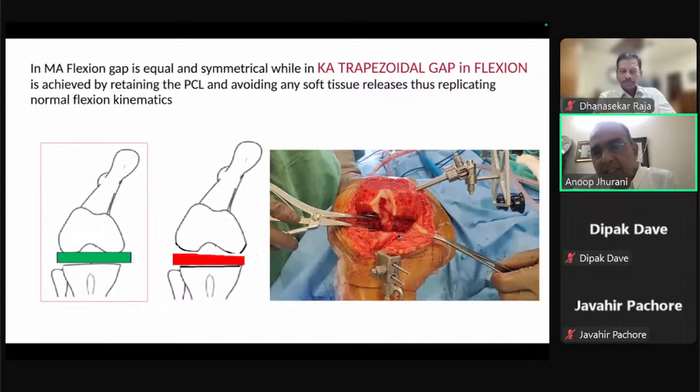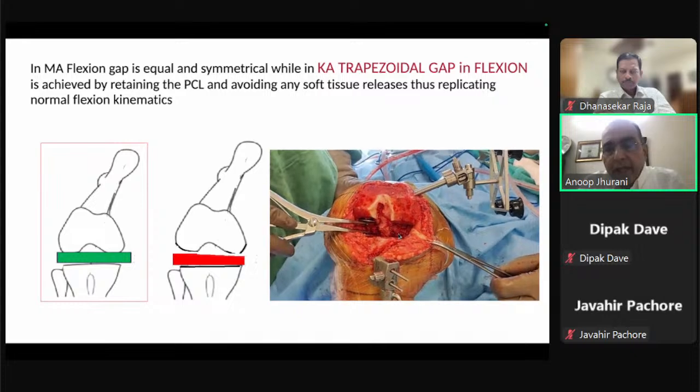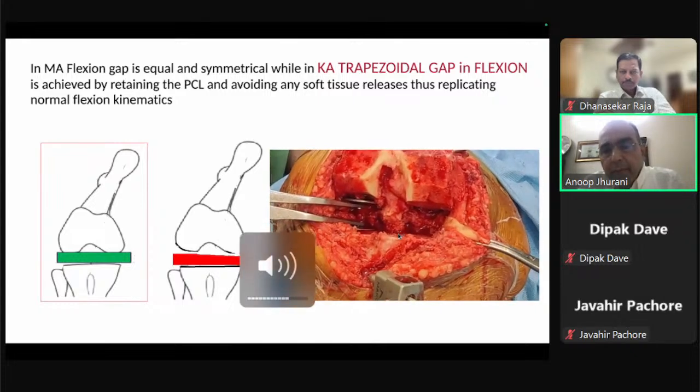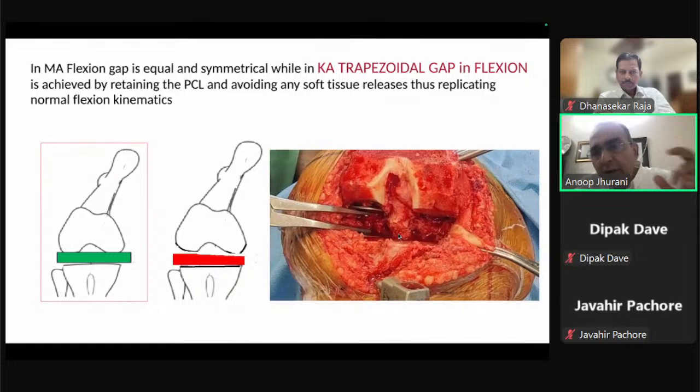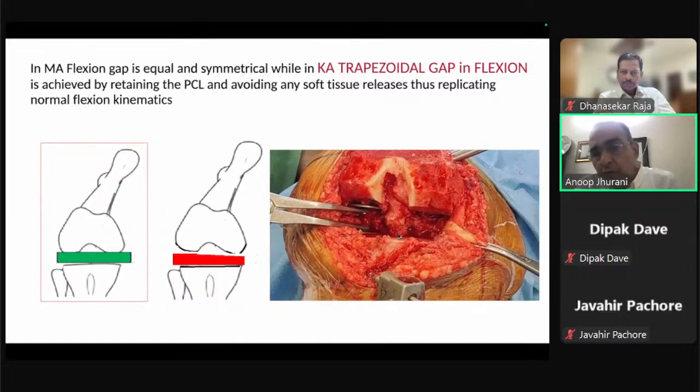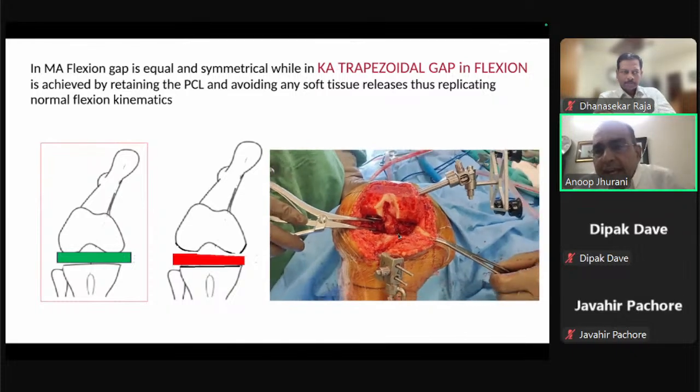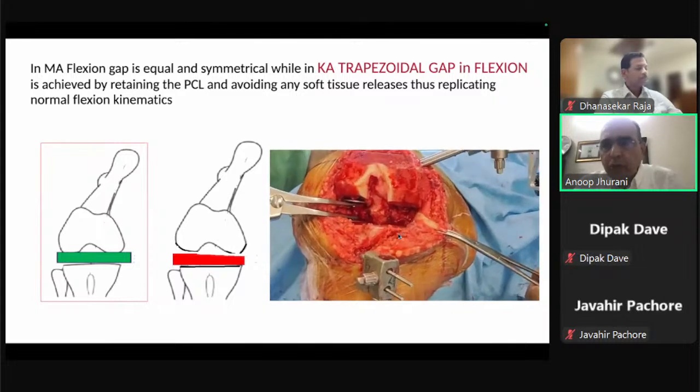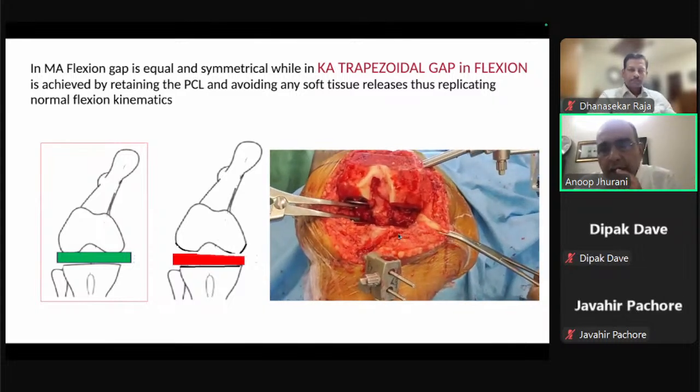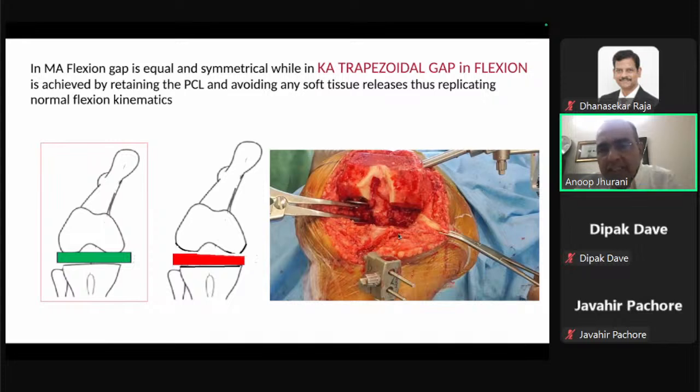And you'll just see here in this video that the PCL is intact and the lateral side opens more, just like a normal knee. So what you're trying to do is recreate normal kinematics as much as possible and not release the MCL, not release the PCL and create a rectangular flexion space. That's the most important concept of kinematic alignment, which is practically non-existent in mechanical alignment.